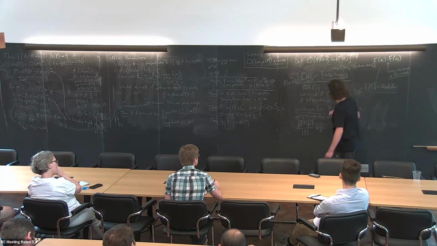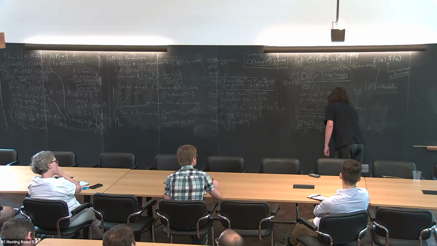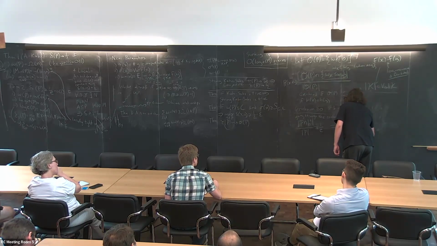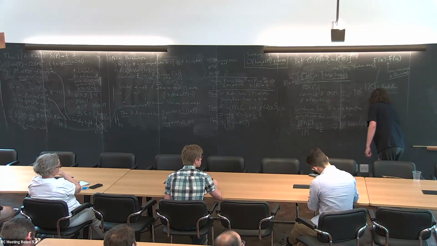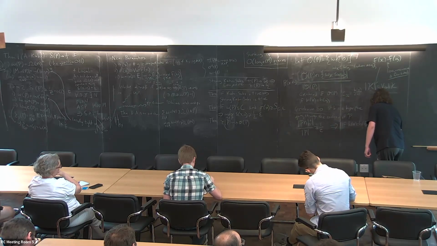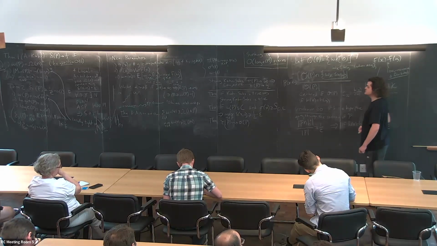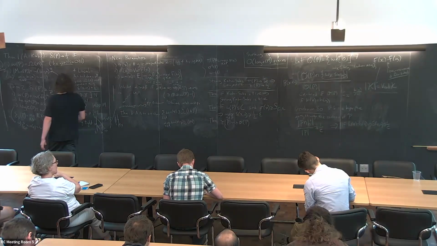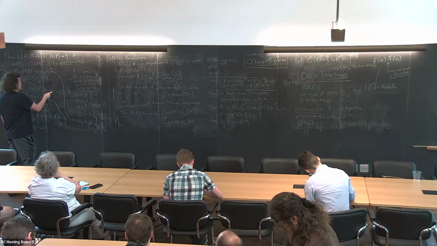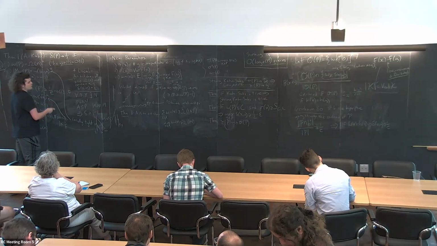Together with this, what that implies for us is that if H of X is equal to H of Y, then delta of X and Y is at least 1 over E. So where do these things come from? It's 1 over E minus little o of 1.